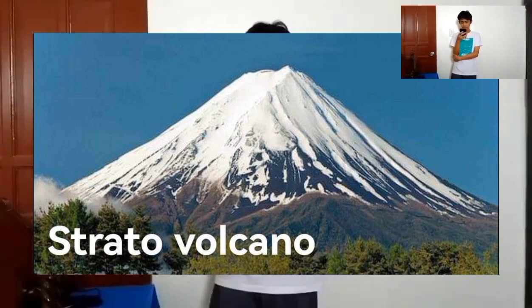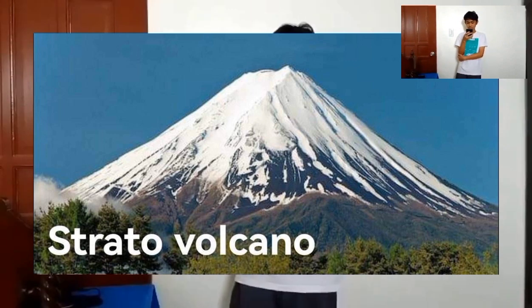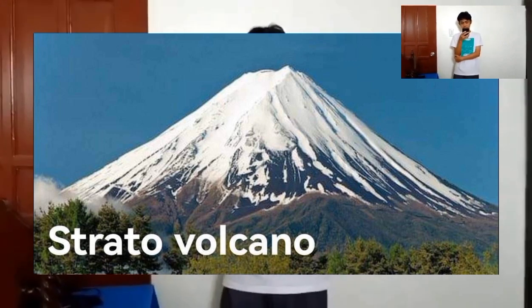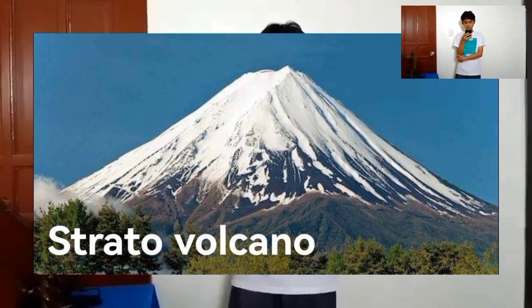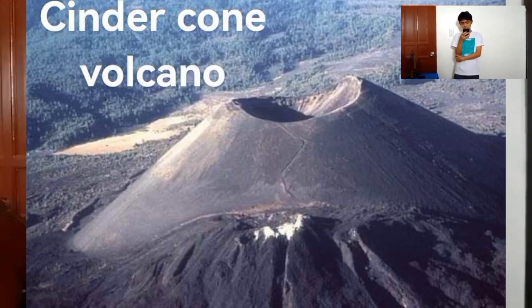These are steep-sided volcanoes that are formed from layers of ash and lava. 3. Cinder cones. These are small volcanoes that are formed from explosive eruptions.